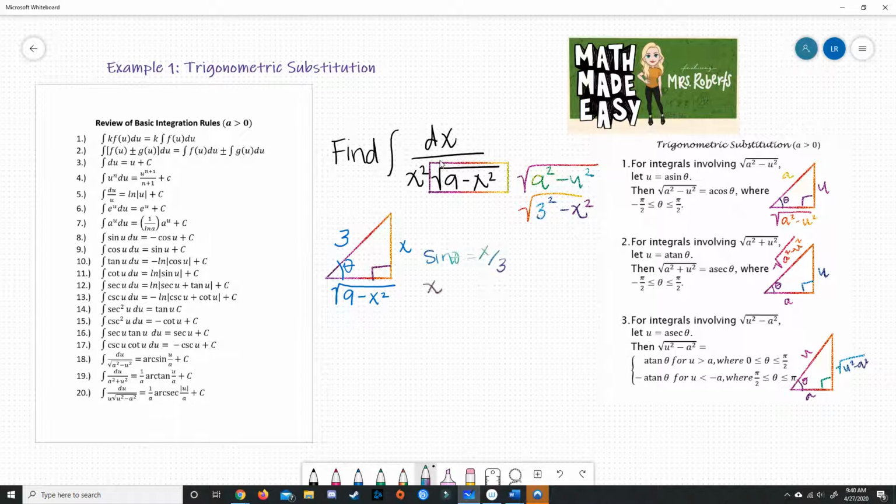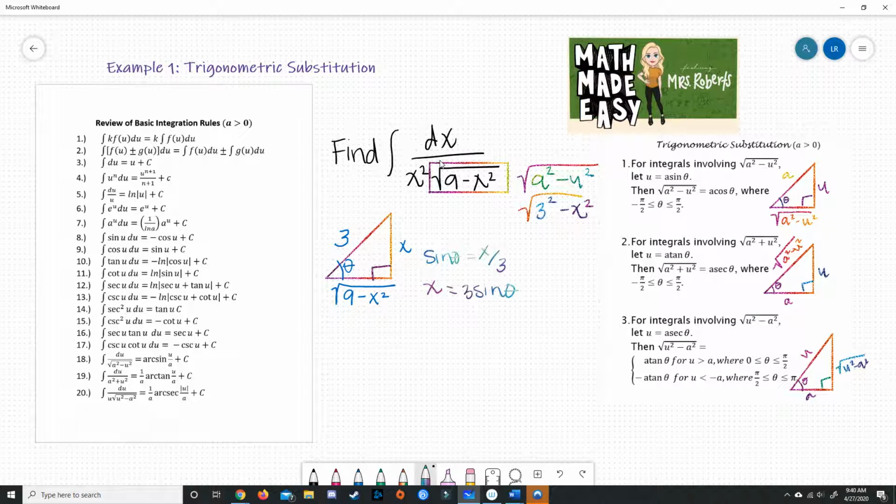So x equals 3 sine of theta. That gives us something to substitute in for all of our x's up above. Now, this gives us more information here that the square root of a squared minus u squared is going to be a cosine of theta. And so this right here is actually going to be replaced with 3 cosine of theta.